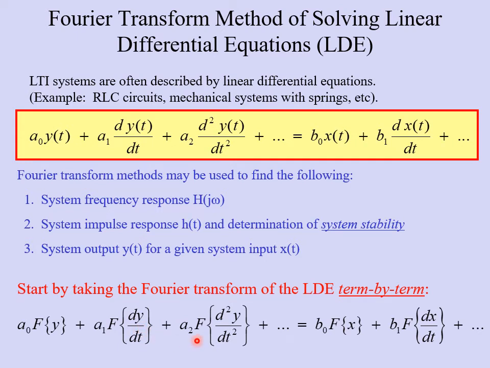The third term is a2 times the Fourier transform of the second time derivative of y, et cetera. On the right side, likewise, we have b naught times the Fourier transform of x plus b1 times the Fourier transform of dx dt, which is the first derivative of x, and we would keep going if necessary.